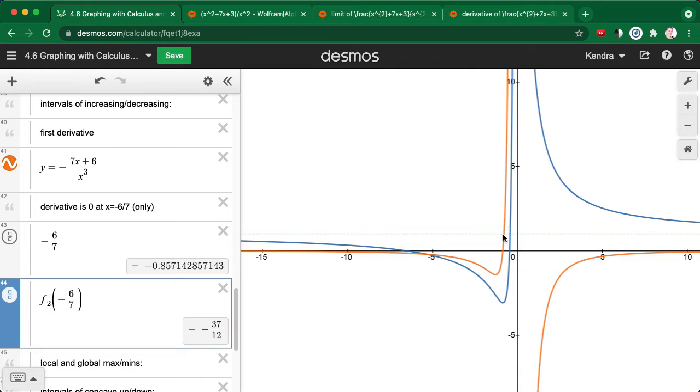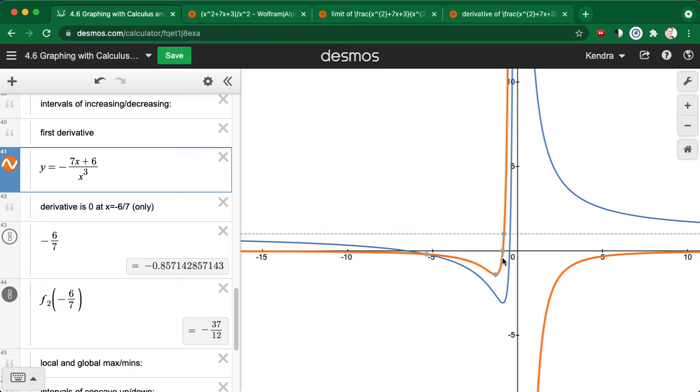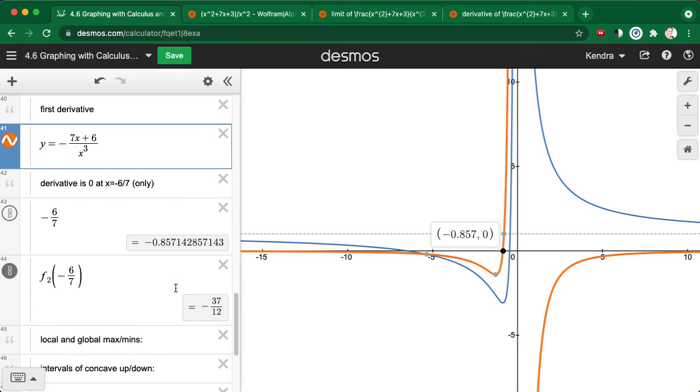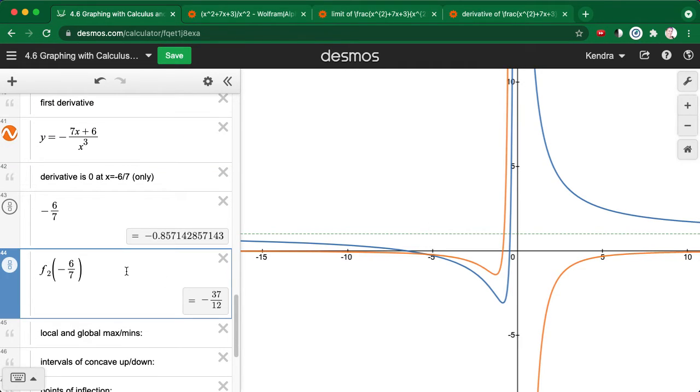The derivative is positive for x between negative 6/7 and 0. And then the derivative is negative for all values of x greater than 0. That tells us that the function itself is decreasing for x less than negative 6/7, increasing for x between negative 6/7 and 0, and decreasing for all x greater than 0. All right. Okay.